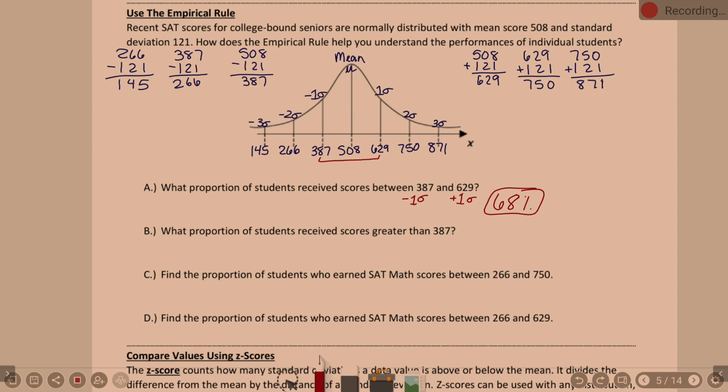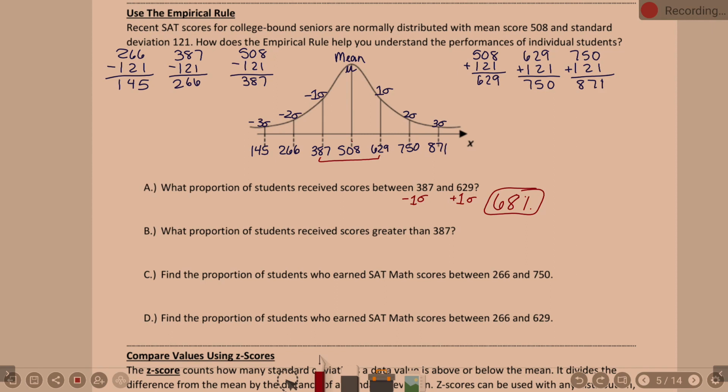Well, I guess it depends how we're looking at this. There's multiple ways you can look at this. How did most of you guys go? Let me ask this question. What do we know? 508 is your mean.